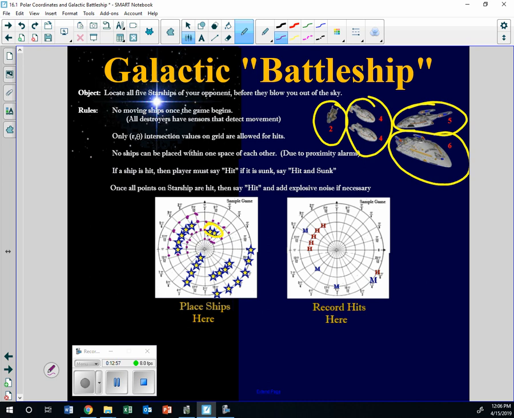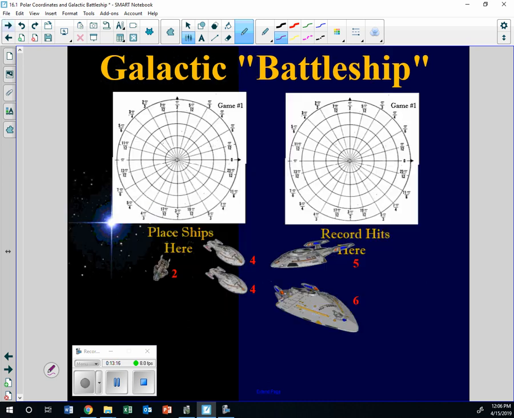All those are fine. So you're going to put 1 2er, 2 4s, a 5, and a 6 somewhere on your board, and then you're going to take turns apart from each other to guess where those are. I would mark the hits on this one, and then see how they're doing with yours. So get into groups of 2, and then you're going to put your ships on right now.